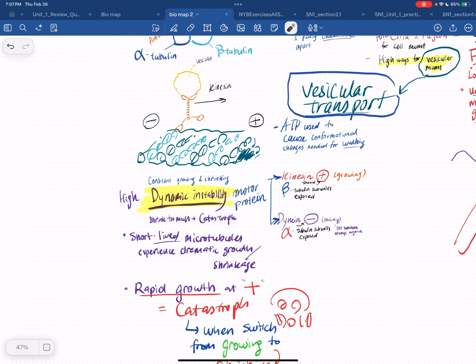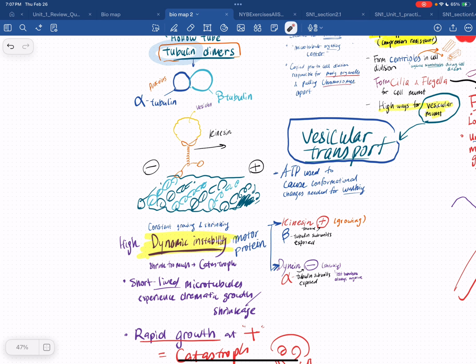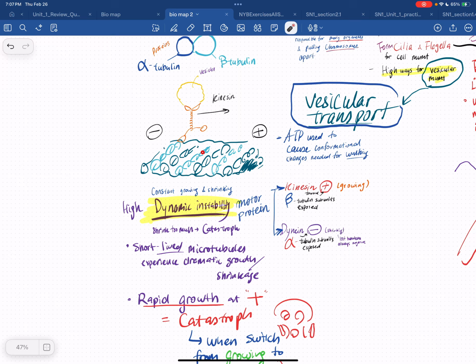Now talking about vesicular transport, like I said, there are alpha and beta tubulin, so there are positive and negative sides. The positive side is always where tubulins are adding, and the negative side is always shrinking. Because of this growing and shrinking, this is called dynamic instability, and they're able to shrink or increase, and they're also able to move because of that.